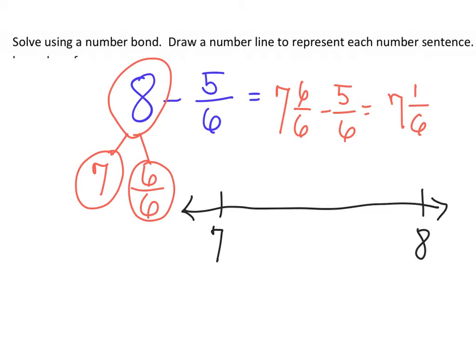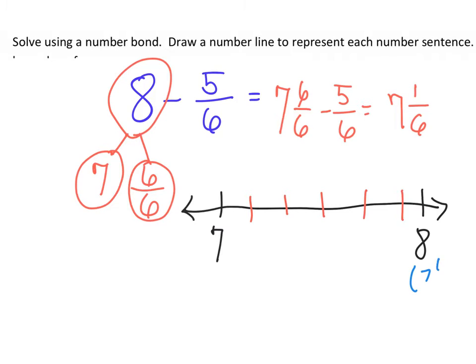So let's do 1, 2, 3, 4, 5, and that last one would be 6/6. So since we're starting with 7 and 6/6, that really would be an 8, because 7 plus 6/6 would be 8.